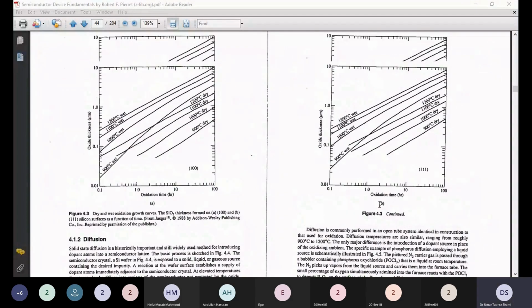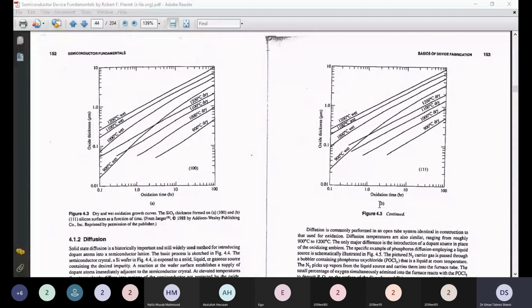And figure 4.3 shows the dry and wet oxidation growth curve, the silicon oxide thickness formed on a 100 surface. So here we have the wet type, and here we have the dry type oxidation with respect to the time.